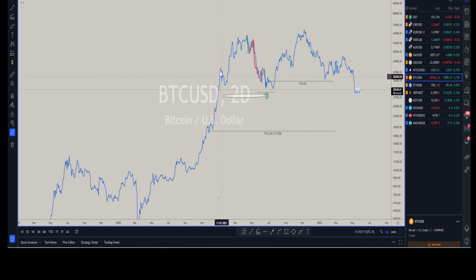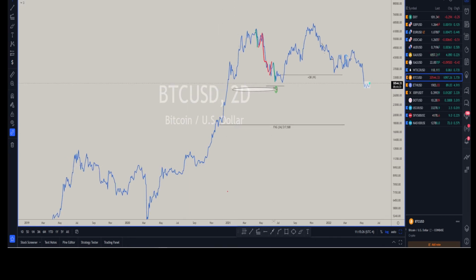I'm taking this wave to be similar to this one, and this is the middle, this is the connector. If this is the first, the second, and the third, according to Elliott wave, the rule of alternation, right? You have a running correction right here, and this is the connector.